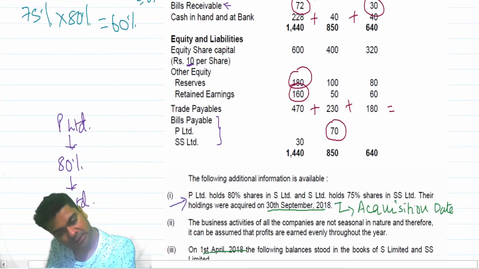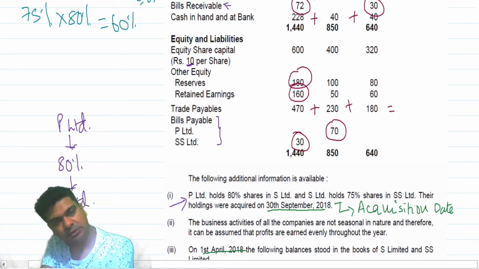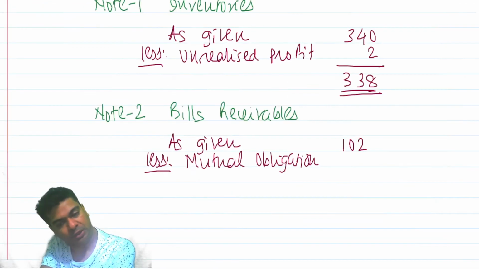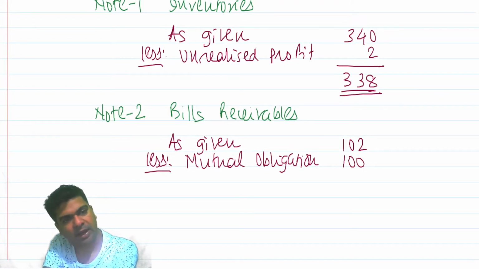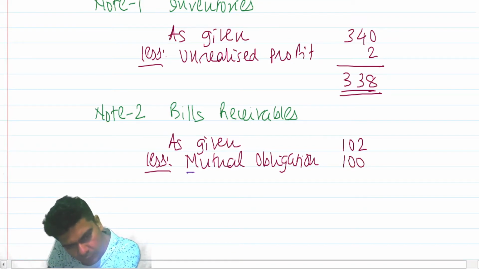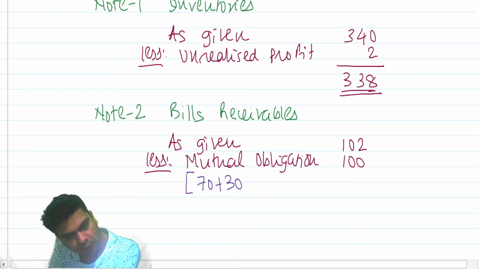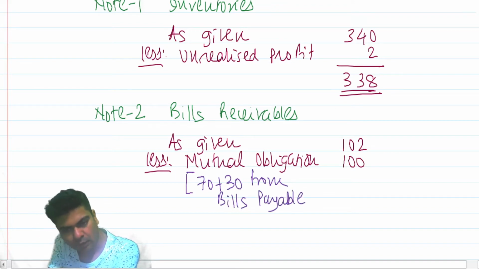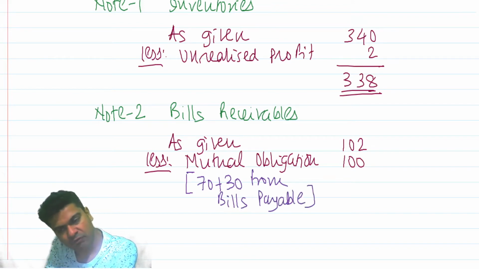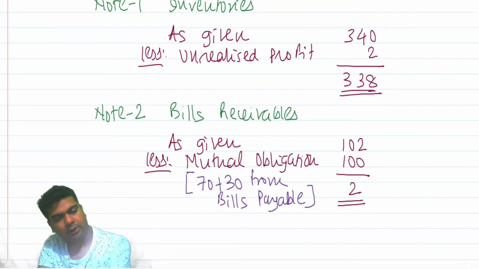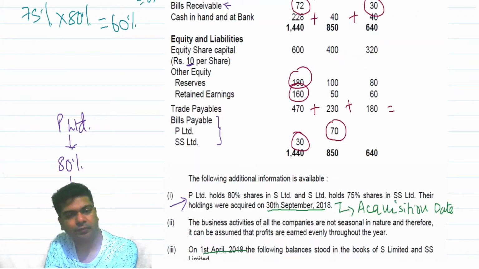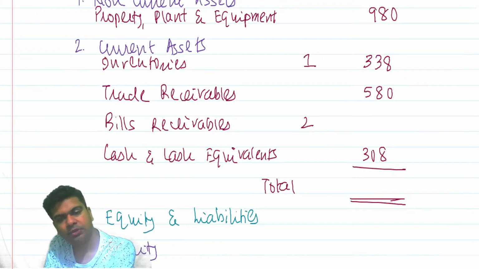See, bills payable 70 is there and bills payable 30 is there. That means 100 lakhs of bills payable is within the group itself. Within the group means mutual obligation. So I will say here 100. We will clarify here in brackets, 70 plus 30 from bills payable, just for your understanding, so that when you sit down for revision, you remember how you got that 100 figure. So bills receivable are 2 lakhs. Posted in the balance sheet, 2.